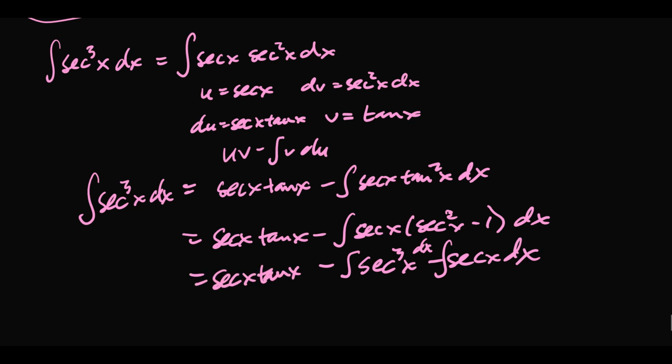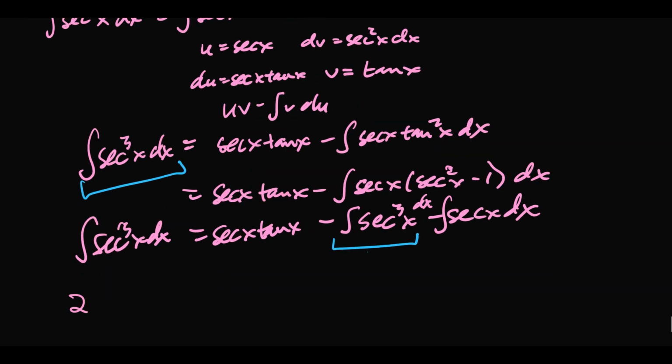Now notice we have secant cubed x on this side and secant cubed x on this side. If we add it to both sides, remember this is just the integral of secant cubed of x dx on the left, we get 2 of these. 2 integral of secant cubed of x dx equals secant x tangent x minus integral, I'm sorry, this is actually a plus.